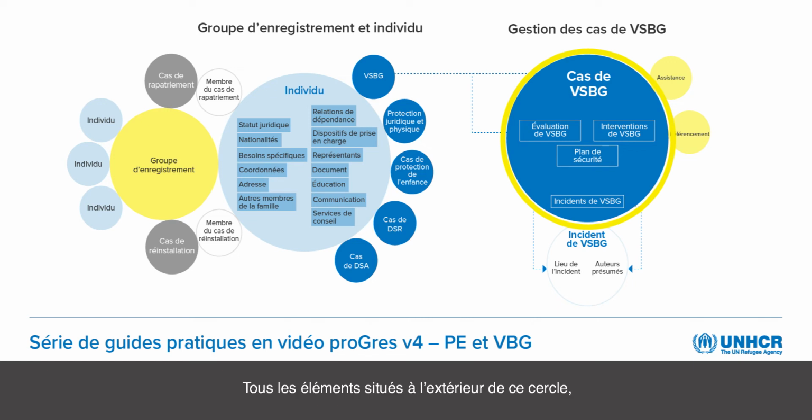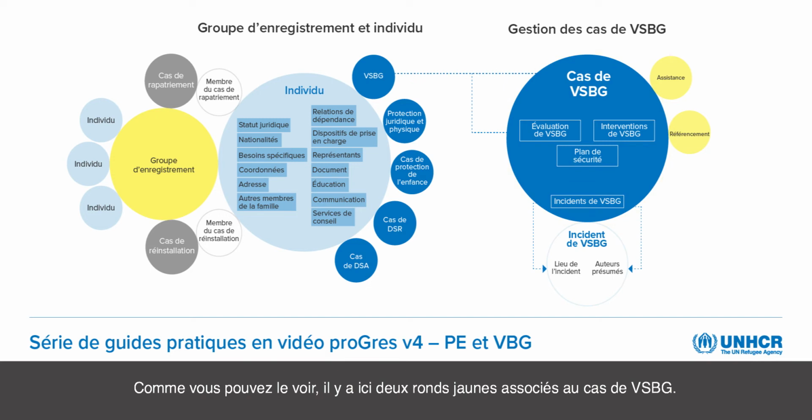Anything outside of this circle will have the same levels of protection that are available to other modules, and access to those data points, fields, records will be in line with the security of those other modules.